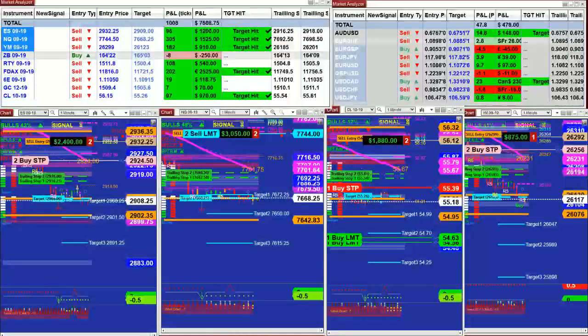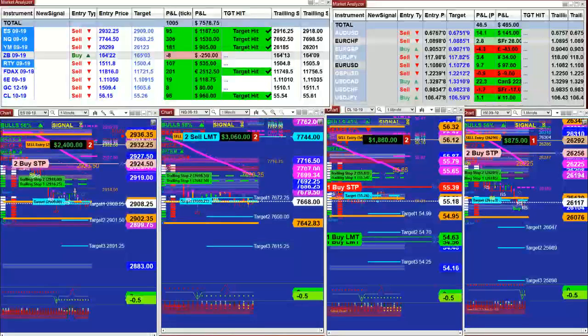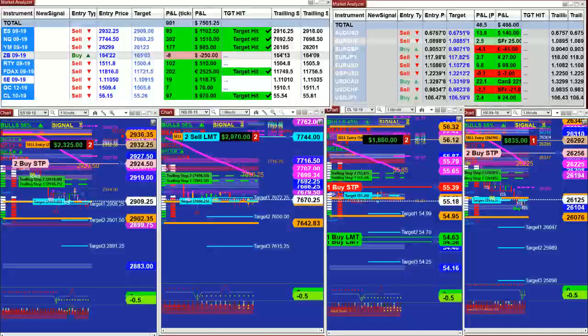I don't know if this information is useful or not, but this is very interesting, the Renko bar. So let's see. Okay, Chuck.